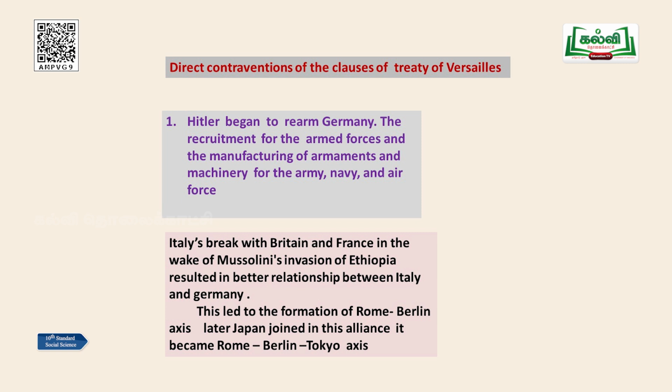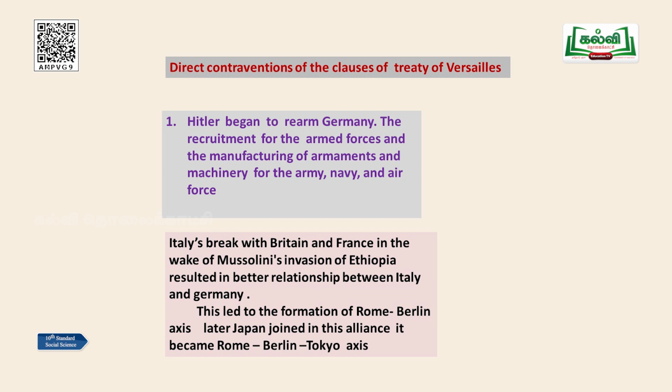He started to work against the Treaty of Versailles. Then the second one, he recruited people into the armed forces and also manufacturing industries. So when he did this, many people got jobs, and slowly they came out of unemployment.